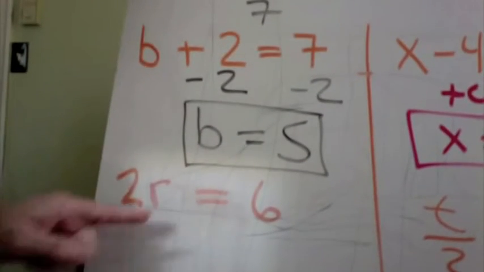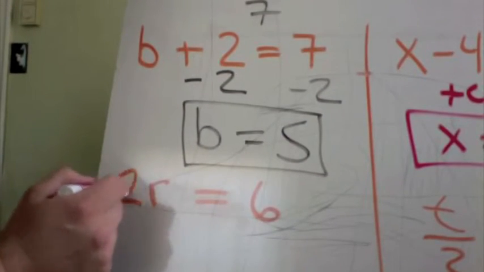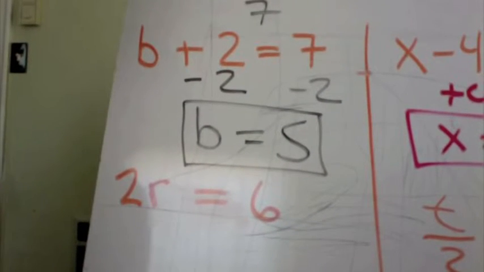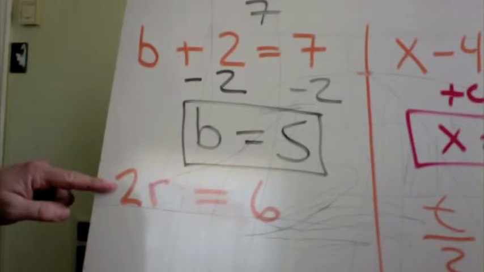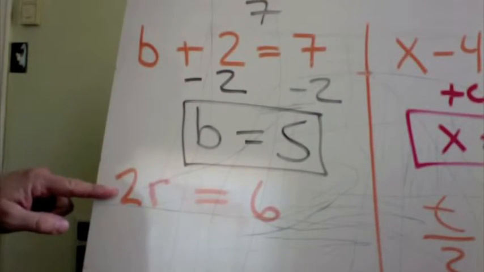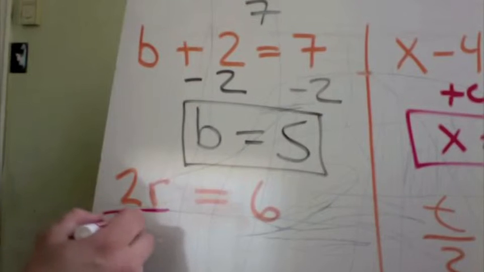Same thing's true here. We've got 2 times r equals 6. And by the way, when you take a number and you butt it up next to a variable, you're implying you're multiplying. So I need to get r all by itself. The problem is I'm multiplying by this 2, so I need to get rid of that. Well, what's the opposite of multiplying? It would be dividing.